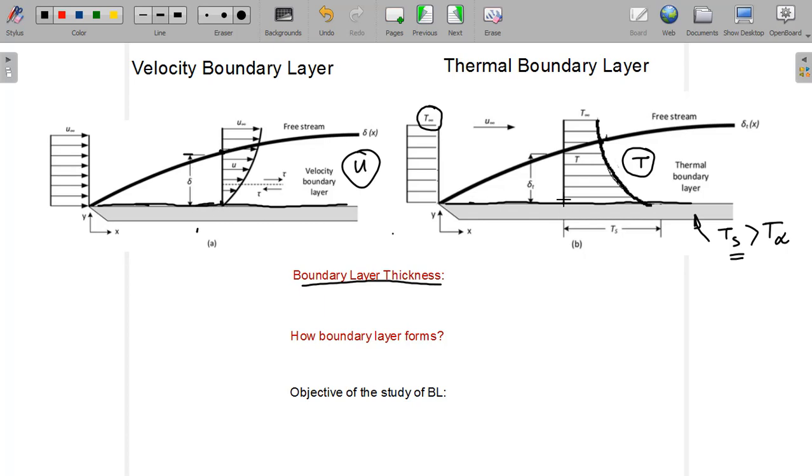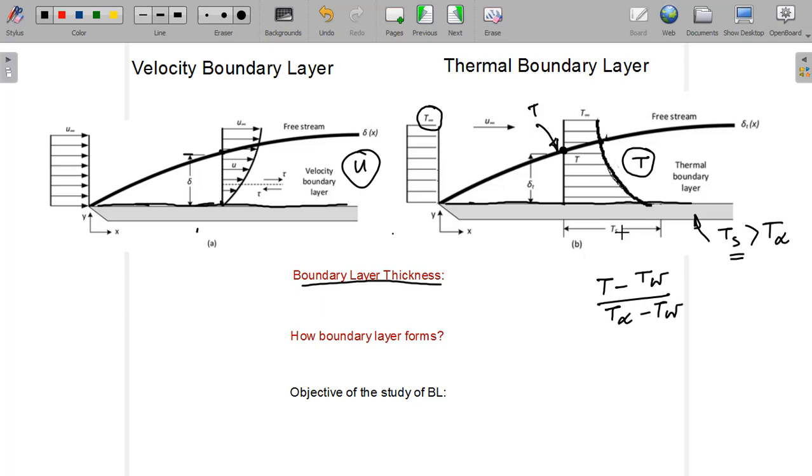Similarly, in case of a thermal boundary layer, it is basically the position up to which, let us consider the temperature at that location, if T is the temperature at that location, then (T minus T wall) divided by (T infinity minus T wall).